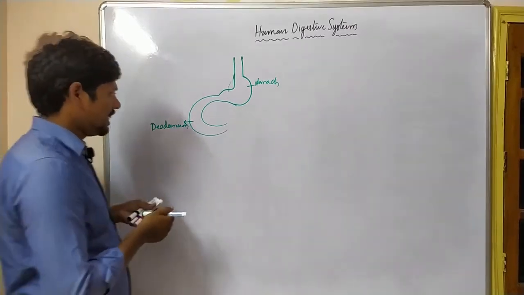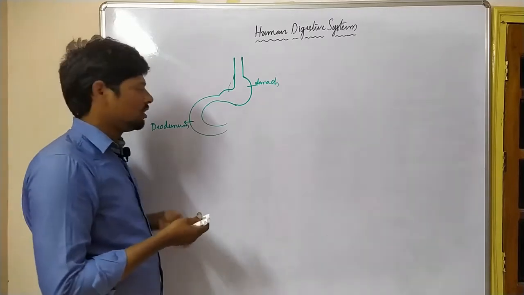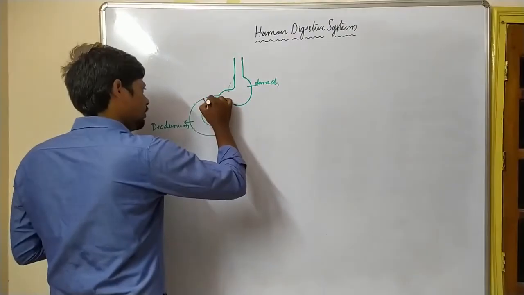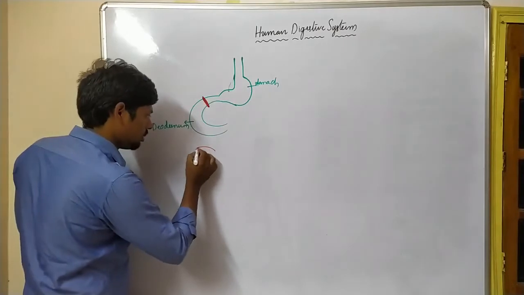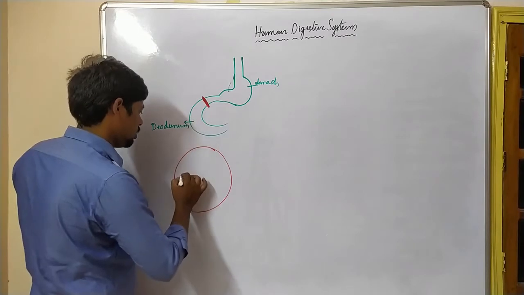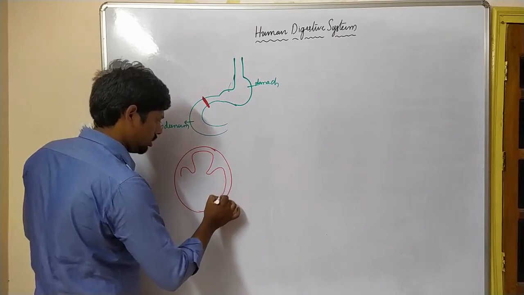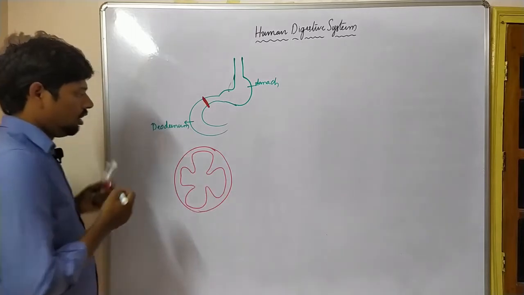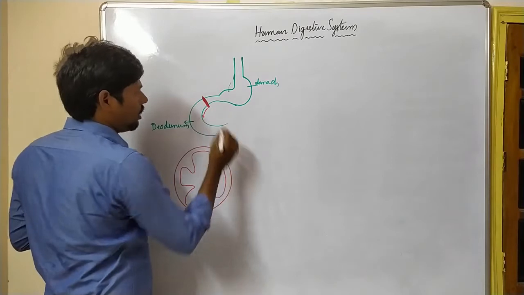If you see the section of the duodenum in transverse section and also horizontal section, we will see here. If you cut this duodenum in this way, it looks like this one. So if you cut this section in this way, how does it look?